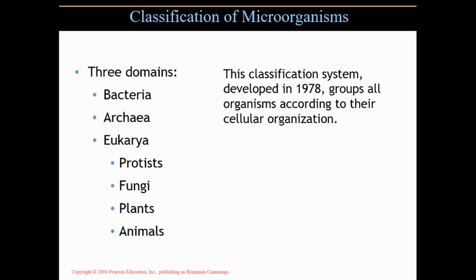On the surface, it looks very simple, very much cleaned up, but the domain would be the very broad category, and then from domains, you would keep going down: kingdom, phylum, class, order, family, genus, species. This was a way that biologists wanted to classify life, and then you subdivide from there and get more specific.